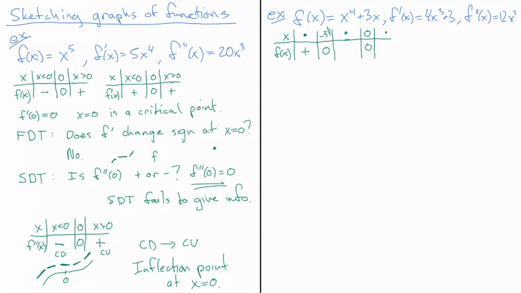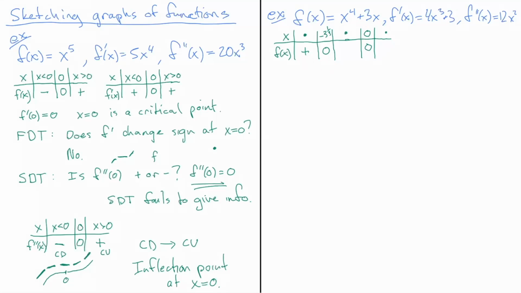And we can see that without doing a lot of work. We can see that asymptotically, the x to the 4 is going to be larger than the 3x. So for large enough negative numbers, this ends up being positive, but it can't be 0. We found all the zeros, so it can't be changing sign until we get to this 0. So that means it's positive all the way.